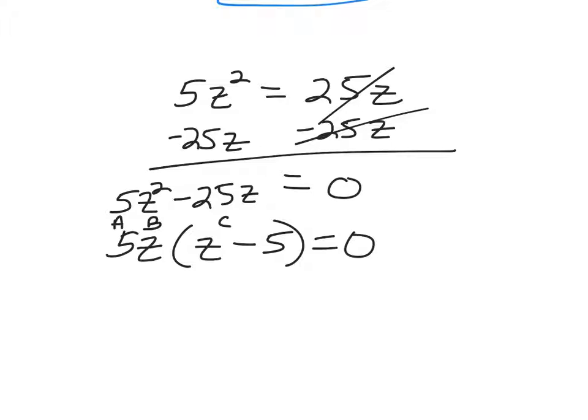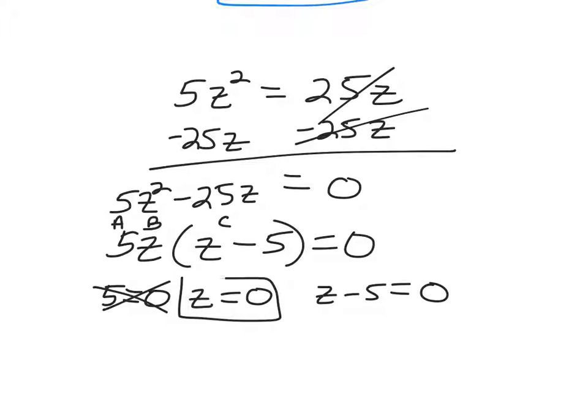Now, if I set 5 equal to 0, that can't be true, can it? 5 doesn't equal 0. It's going to kick it out. I'll set z equal to 0, and that could be true. Z can be 0. And z minus 5 equal to 0. And then we'll solve each one of those.